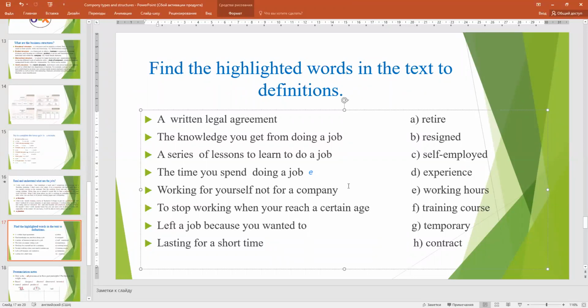Can you write your answers on the spot? So retire, we said already. What about the written legal agreement? This is a contract.